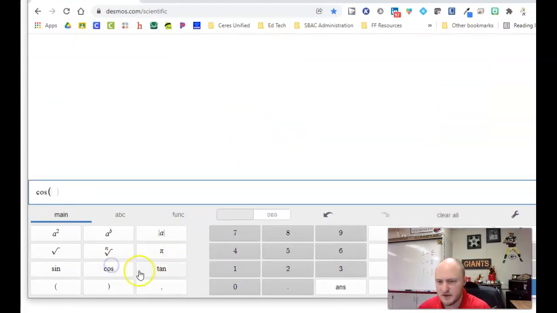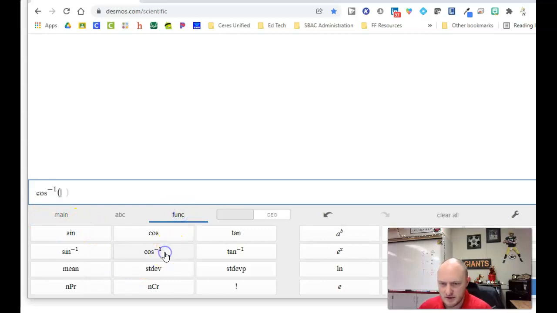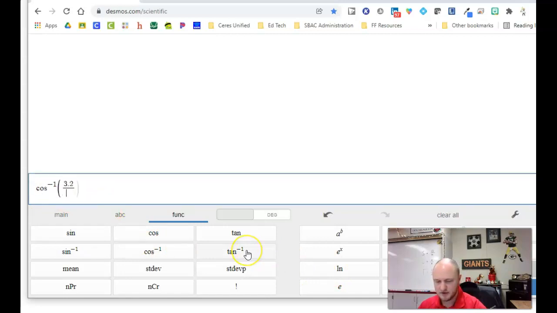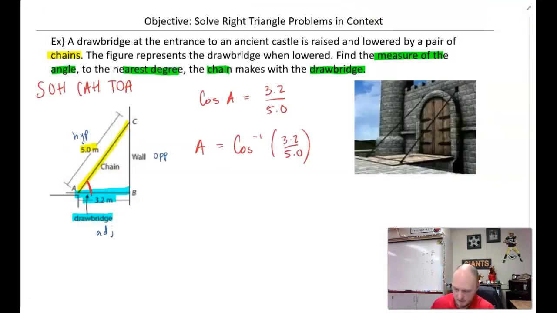Okay, so cosine inverse, I have to find that. Cosine inverse of 3.2 divided by 5, and it looks like we get 50 degrees. So this is approximately 50. Now we can answer their question.